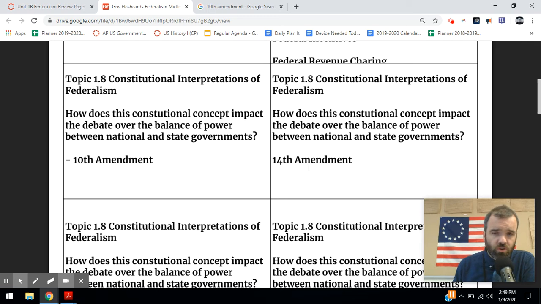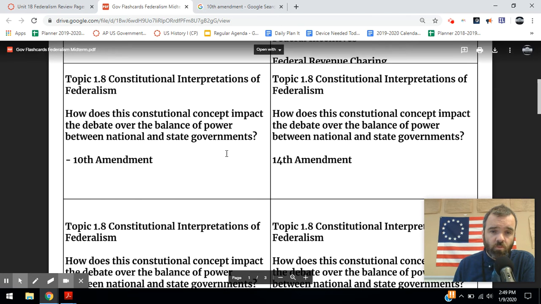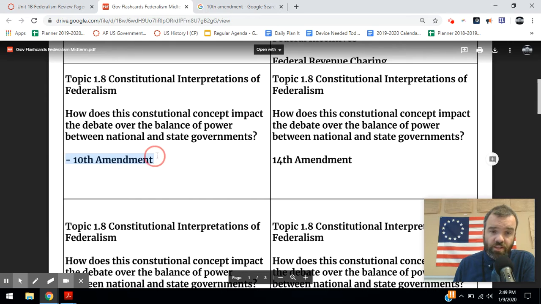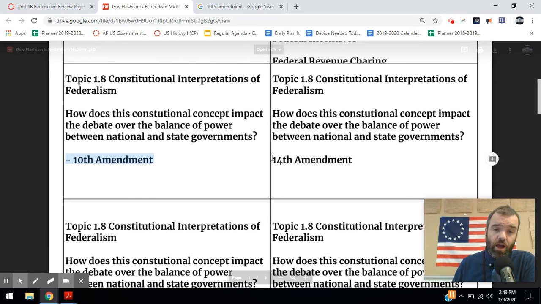This is very controversial, and a lot of people disagree over whether the 14th Amendment applies in this circumstance and how to read its text. Broadly speaking, the 10th Amendment expands states' power, and the 14th Amendment limits states' powers and says there are certainly limits to what states can do.